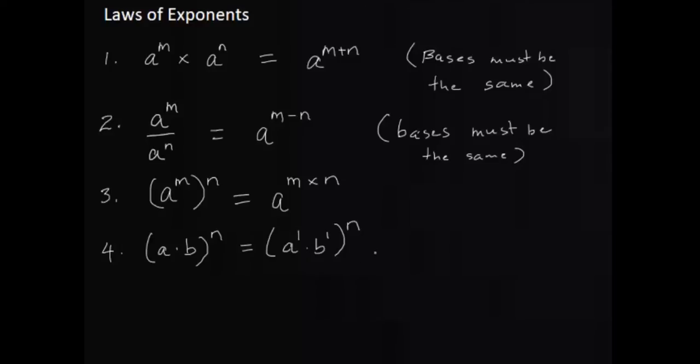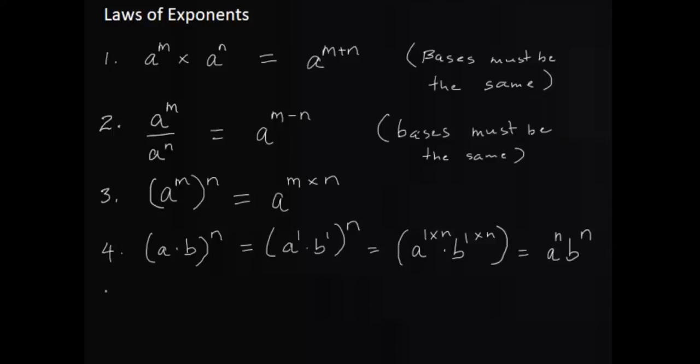The law of exponents says you can simplify this expression by multiplying the exponent 1 with the exponent outside and multiplying the exponent of b, in this case 1, by the external exponent. And the law essentially says that a times b raised to the power of n can be written as a to the power of n, b to the power of n.